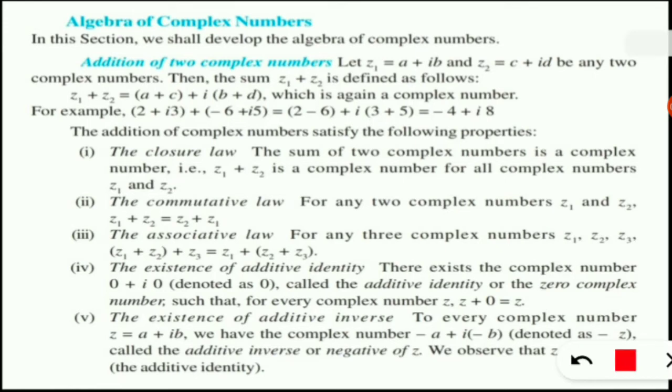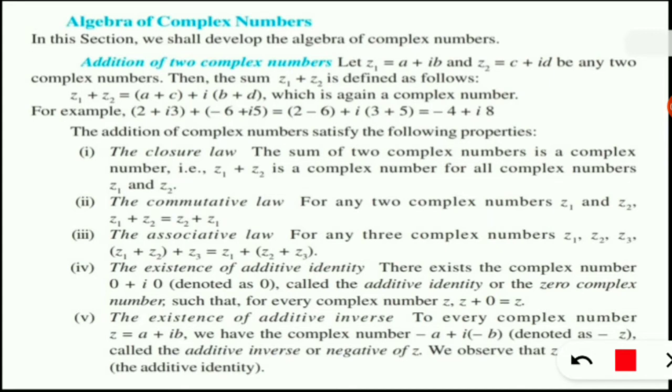Next, the existence of additive identity. Okay, there exists the complex number 0 plus i times 0, denoted as 0. Why is 0 plus i times 0 denoted as 0?